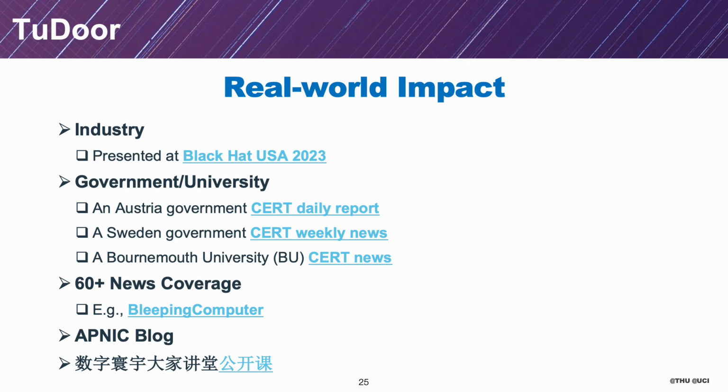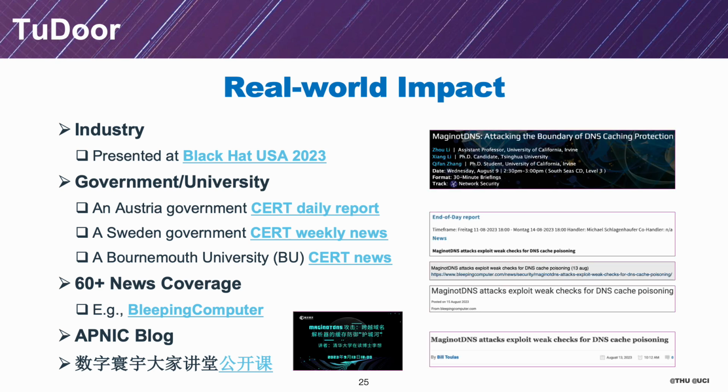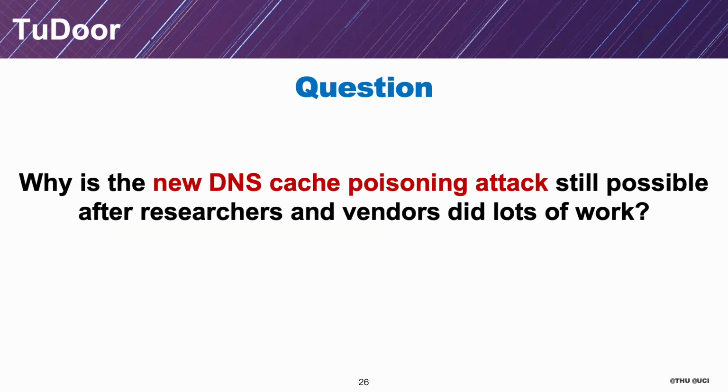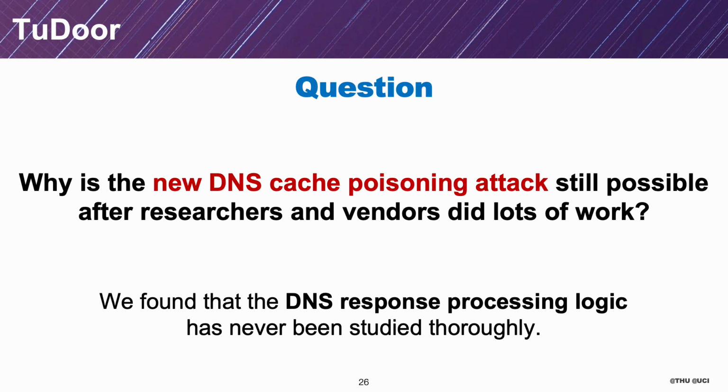Then MaginotDNS received wide impact from the world, including government threat reports and over 60 media coverage. Now, we wonder why the new DNS cache poisoning attack is still possible after researchers and vendors did a lot of work. We found that the DNS response pre-processing logic has never been studied thoroughly.